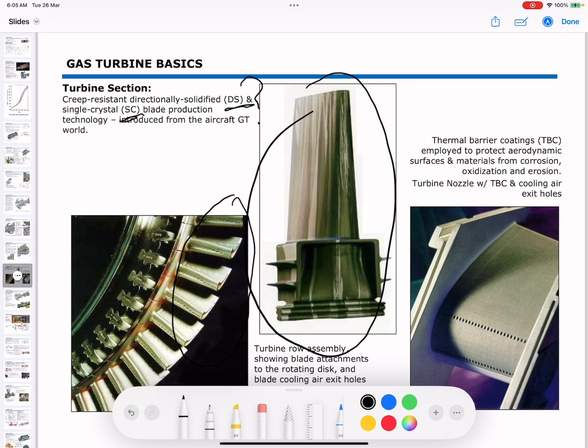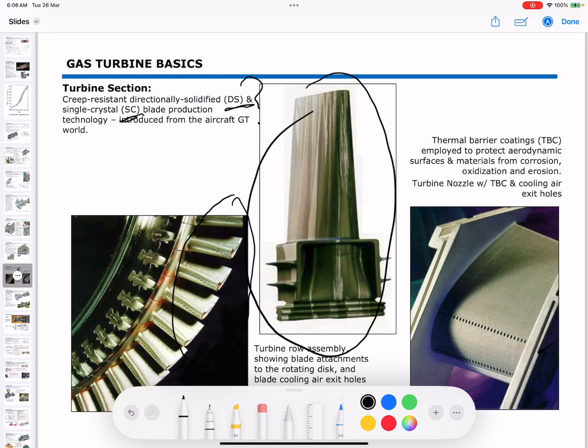In summary, creep-resistant materials are designed to withstand deformation under continuous stress at high temperatures, while directionally solidified materials have a control on microstructure alignment that enhances their mechanical properties, including creep resistance, making them suitable for demanding applications in aerospace, aircraft applications, power generation, gas turbines and other high temperature environments. So now we know what DS is.